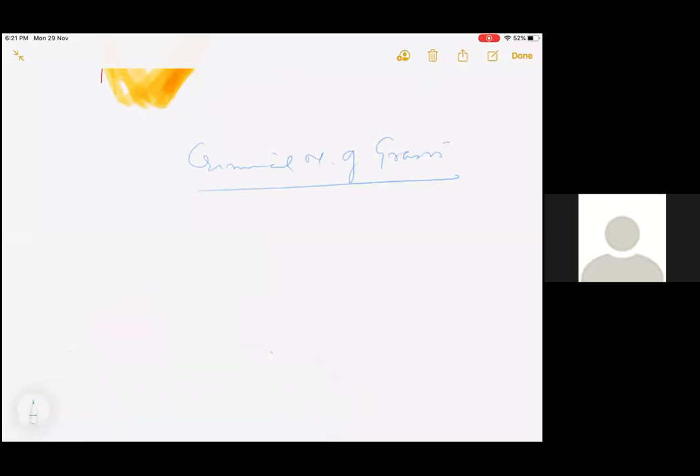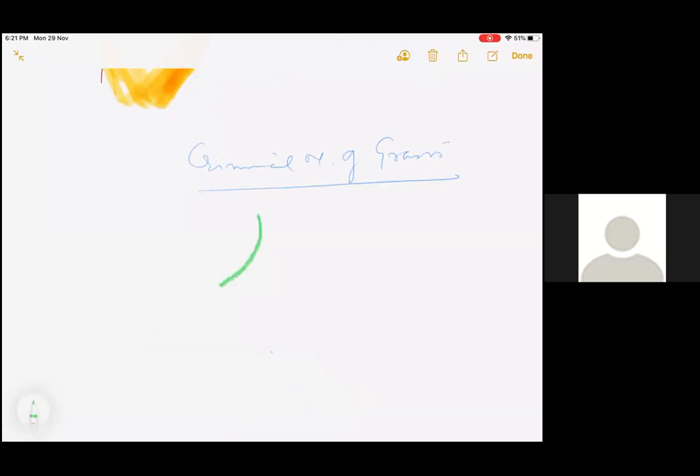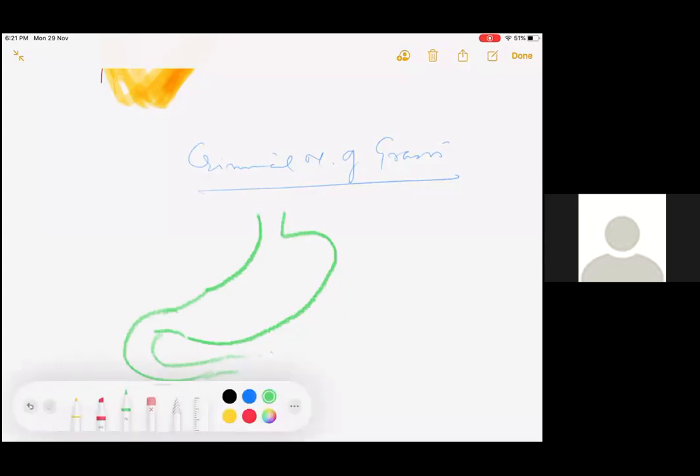So first of all, let's draw the stomach and understand the anatomy. The purpose was to check whether you actually understand how the vagotomy helps or does not help, what it does, etc. I'll use a yellow color.